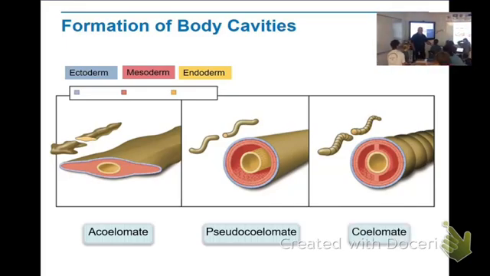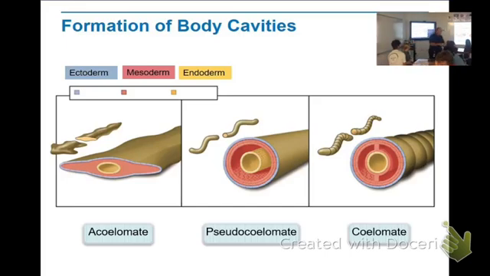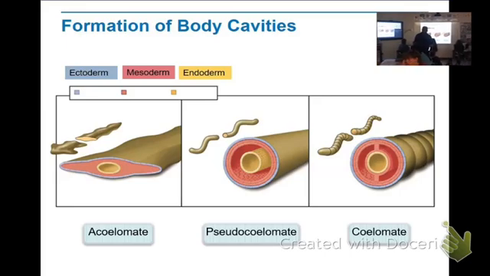And the next classification they would look at would be coelomates. That means they have a true coelom. So if you can look at this picture, see that space? What does that space have around it that this space doesn't? Anybody tell me? Look real close at the space, the coelom, the cavity. The one on the right's got something that makes it different from the left, from the middle one.